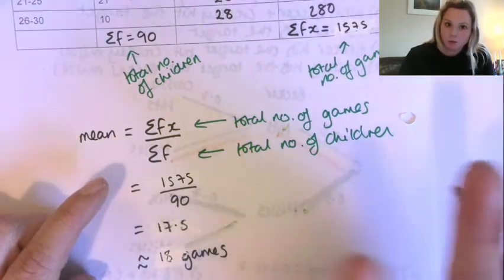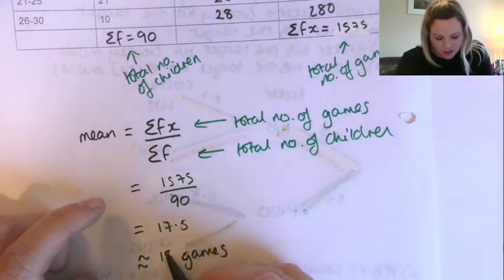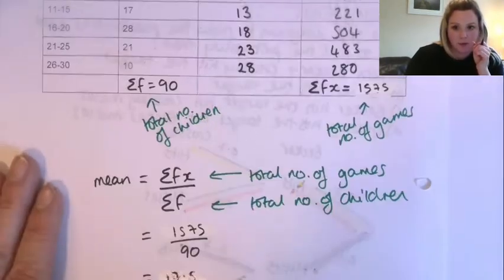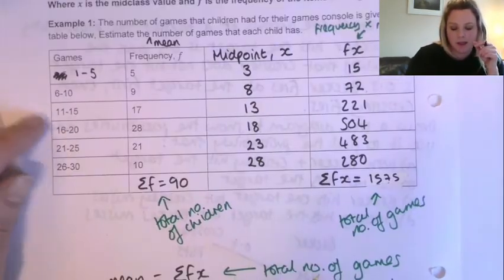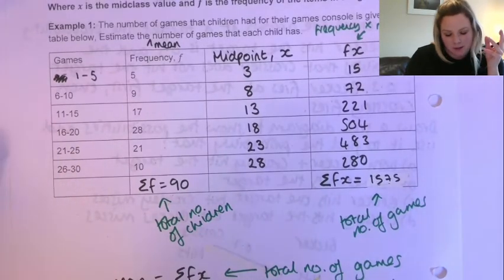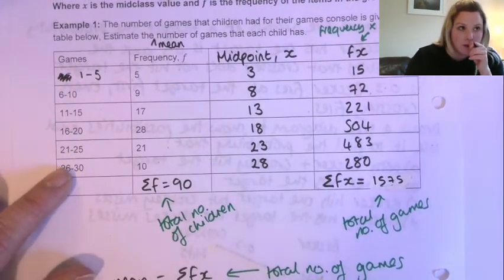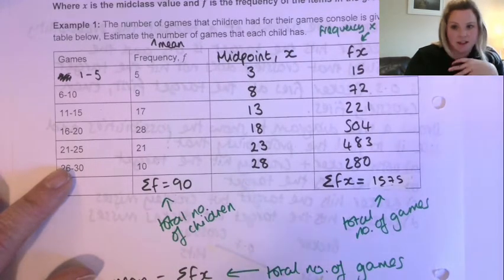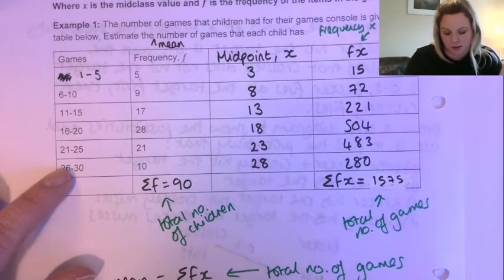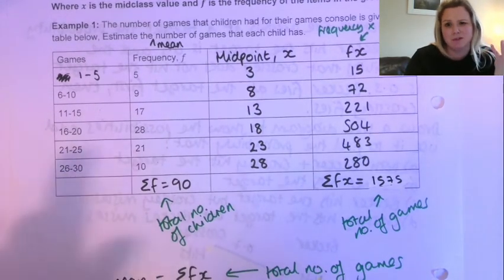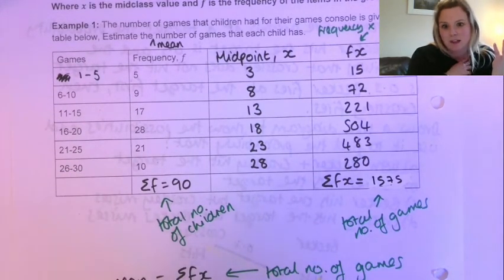Now, what prompted me to check that was I was about to say to you, always check your answer is sensible. See if we look back up here, this is the range of games that people had. So if our answer came out to be 64, well, there were no people that had that many games, so it's impossible for our mean to be that.